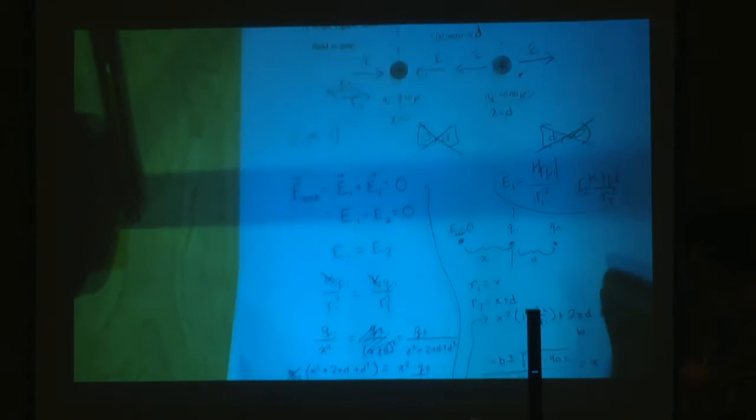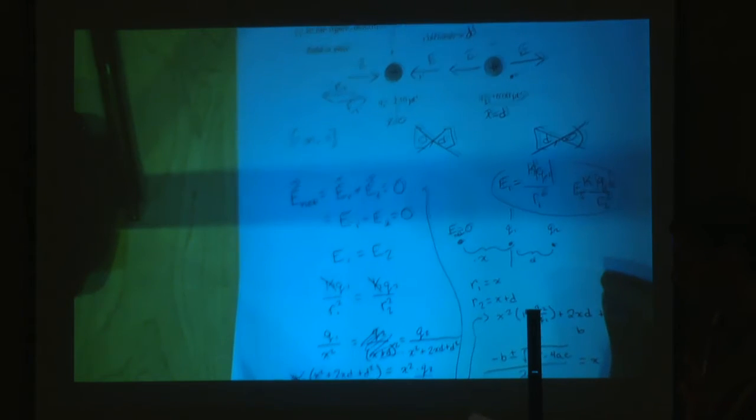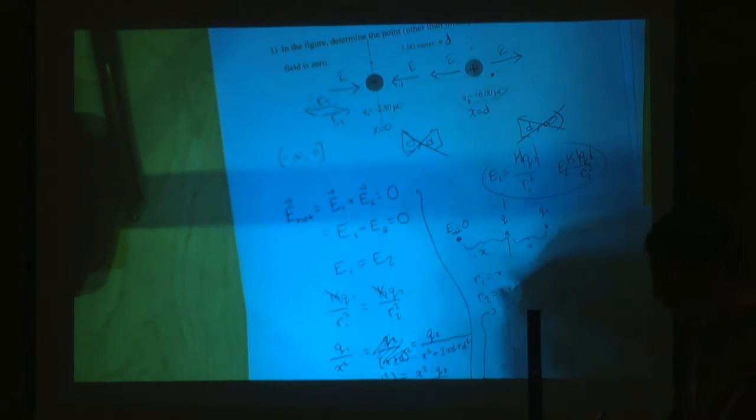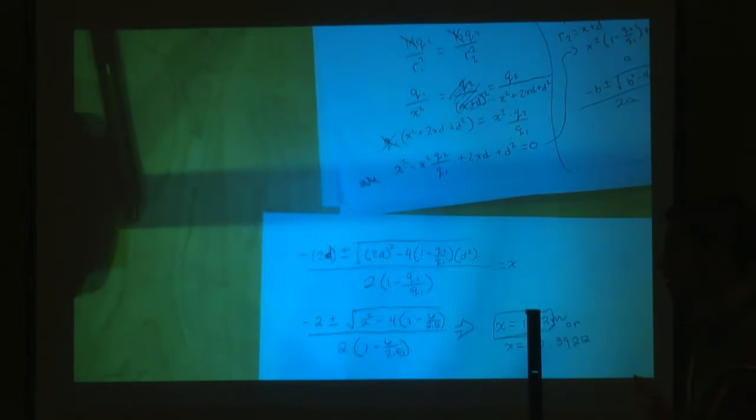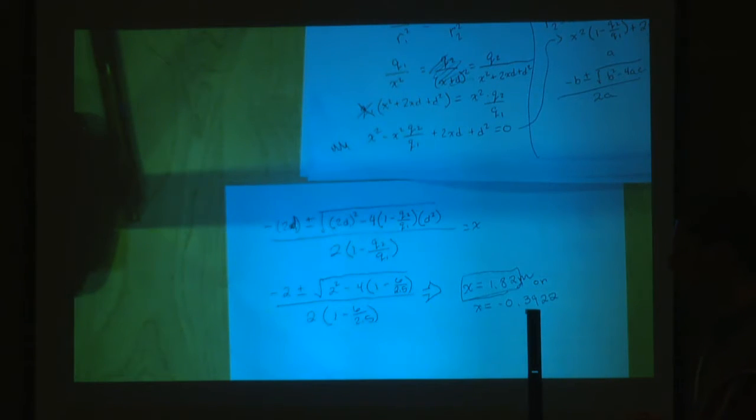Because we defined our radial distance to the left of Q1, some positive x to the left of Q1. If we were to plug in negative x over here, then we'd use the negative number that pops up.